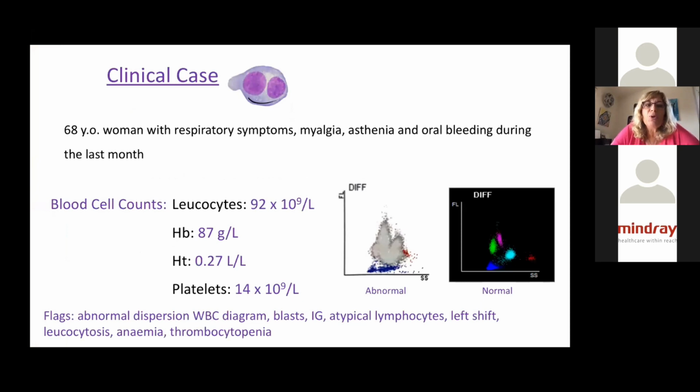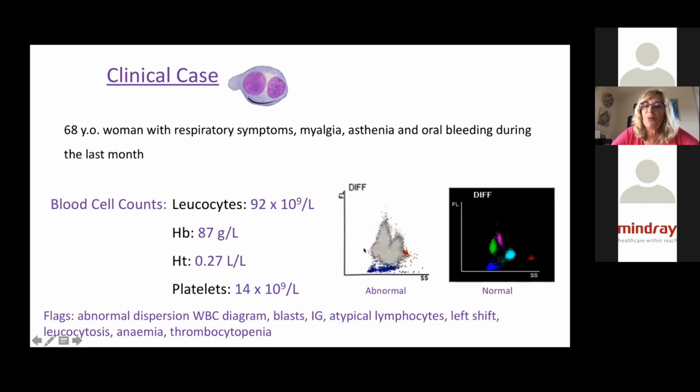This case corresponds to a 68-year-old woman with respiratory symptoms, myalgia, asthenia, and oral bleeding during the last month. The blood cell counts showed a high number of leukocytes, low hemoglobin, and low platelet counts. Flags from the analyzer were abnormal dispersion of the leukocyte diagram.